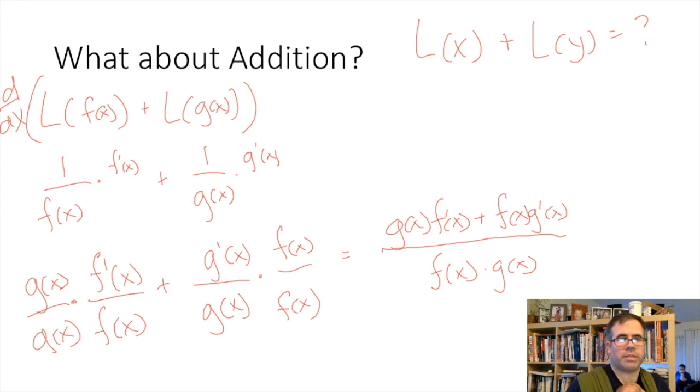Now at this point, if you've been following along and you're on your derivative rules, this should be screaming out at you, because this numerator, that's the result of the product rule. And down here, well, that's the product of f and g. So you should get this exact form if you took the derivative of L of f of x times g of x.